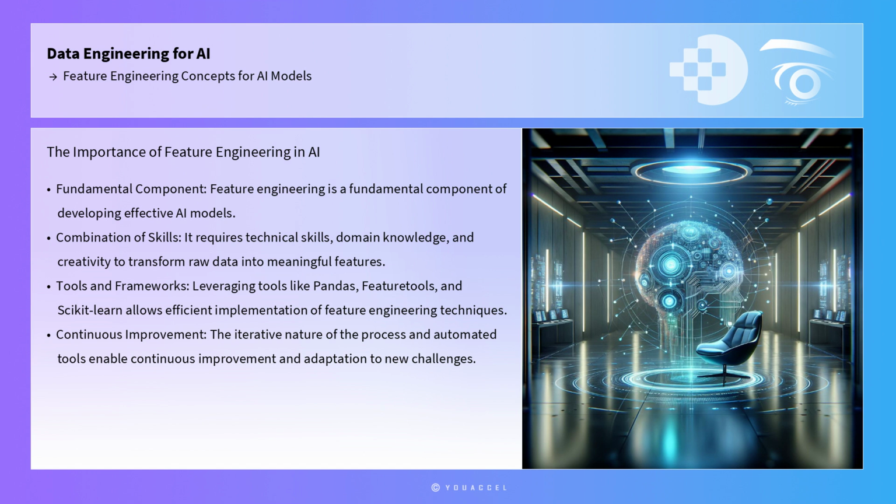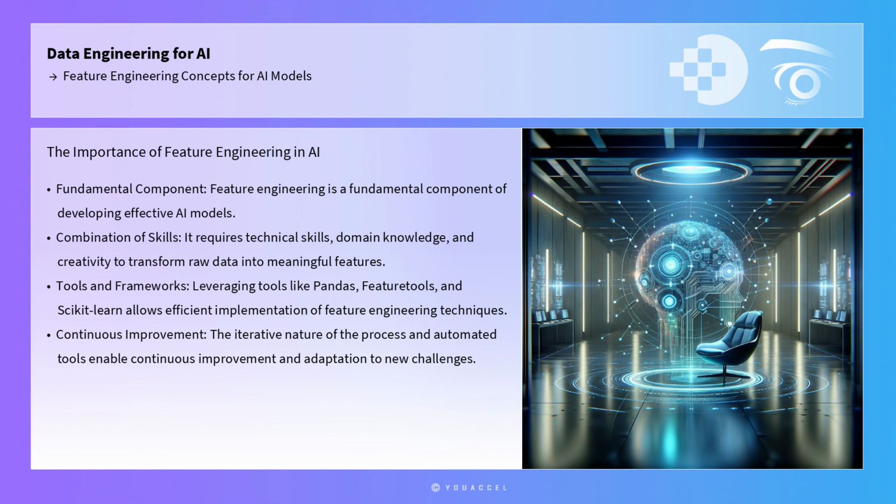In conclusion, feature engineering is a fundamental component of developing effective AI models. It requires a combination of technical skills, domain knowledge, and creativity to transform raw data into meaningful features that enhance model performance. By leveraging tools and frameworks like Pandas, Featuretools, and scikit-learn, professionals can implement feature engineering techniques efficiently and effectively.